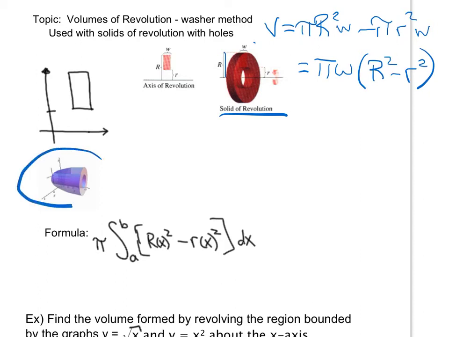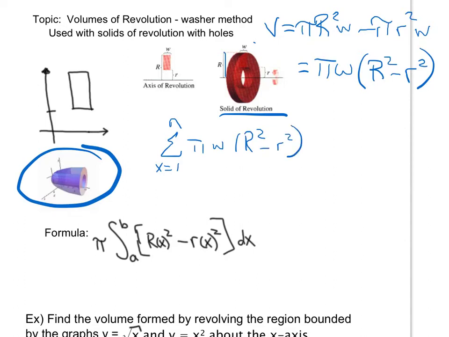So what if I had, instead of just the one washer, a whole bunch of washers? How can I find the volume of that whole thing? Well, I'm going to sum up, starting at i equals 1, up to some number of washers, depending on how many I cut it into, just like before with rectangles, of pi W times big R squared minus little r squared.